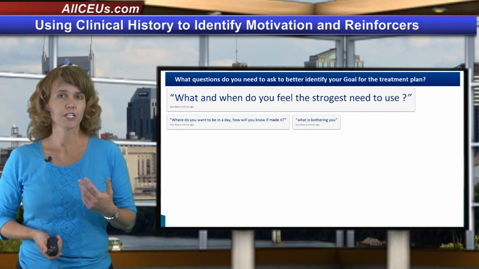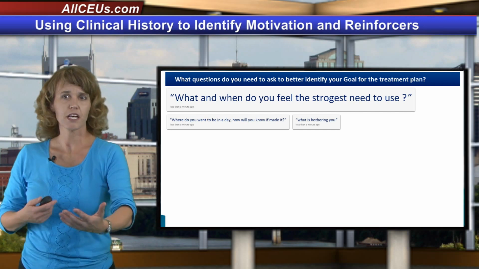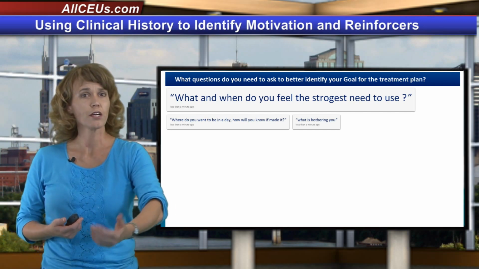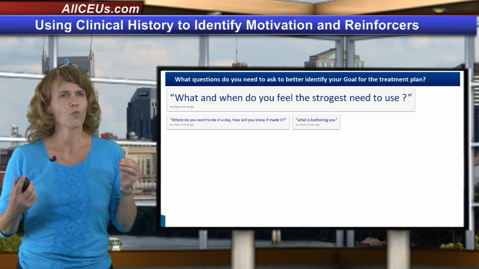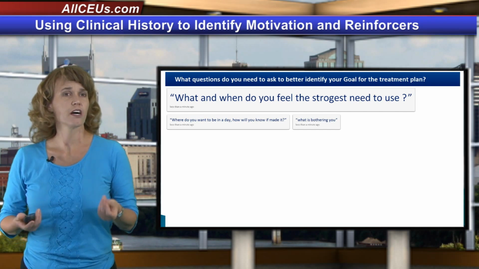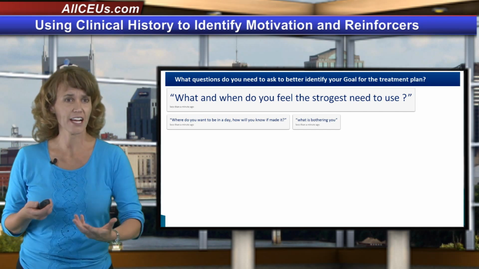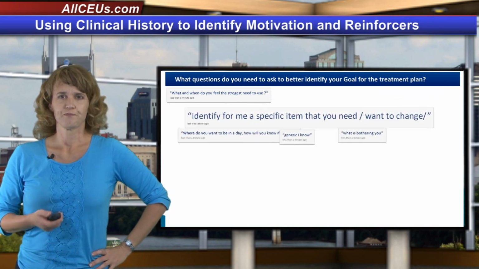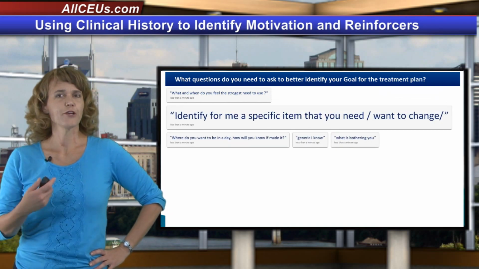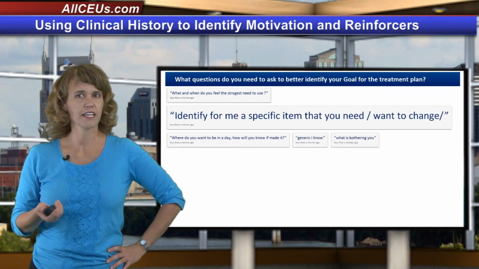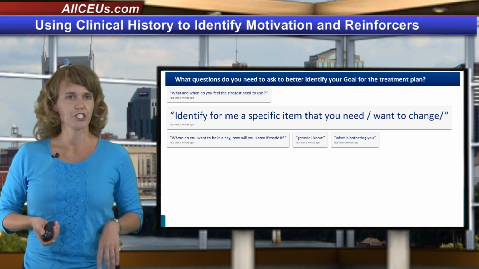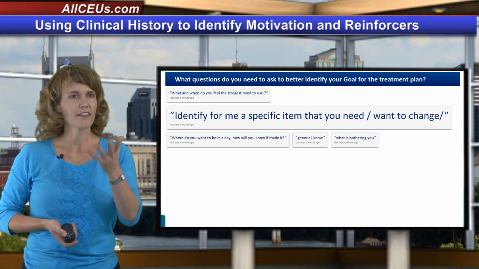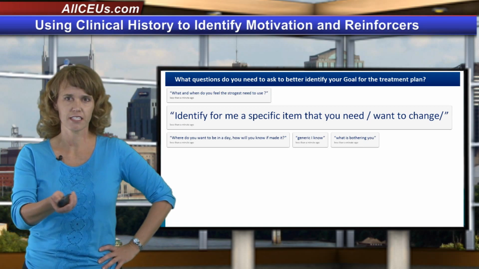Okay, so in terms of Johnny, we might say, what and when do you see are his strongest reactions? Can you identify for me specifically what you need or want to change? Okay, those are all some great suggestions. So let's move on.